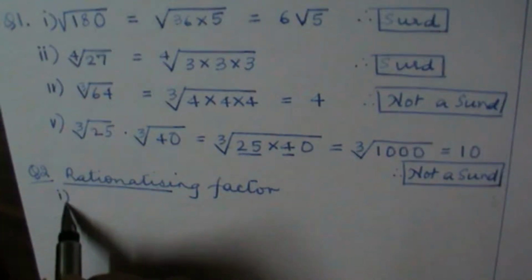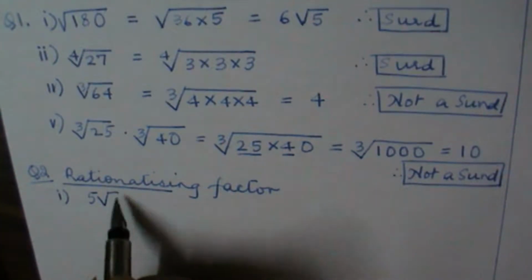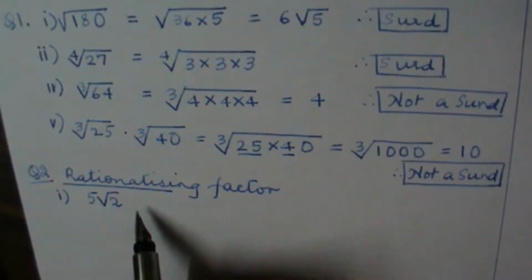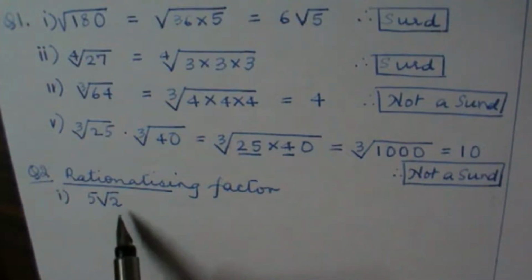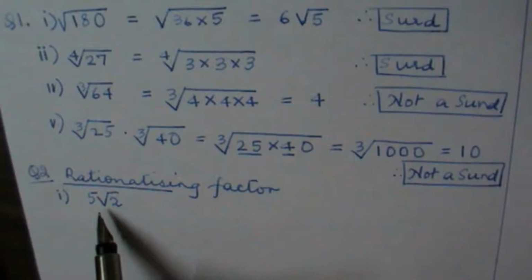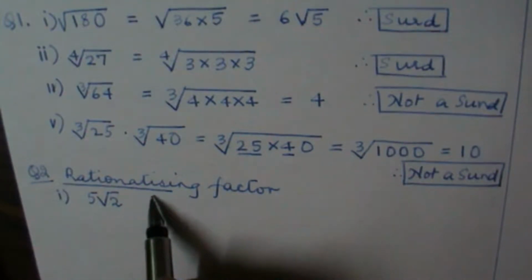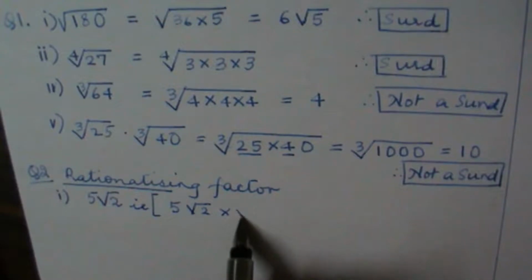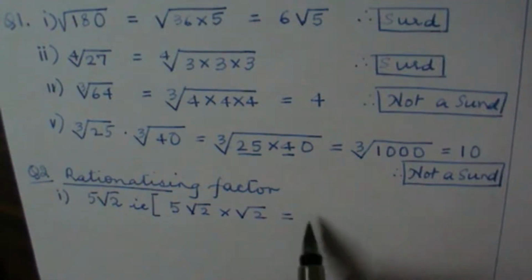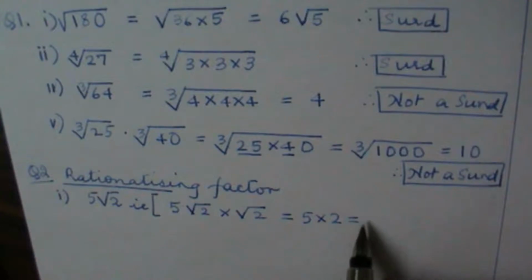So in that, the first one is 5 root 2. Now, if I take 5 root 2, I can see 5 is a rational number, so I'm safe. Root 2 is an irrational number, and so root 2 will be multiplied by another root 2. And so in my thinking step, I will say 5 root 2 multiplied by root 2, and that will give me 5 into 2, which is 10, which is a rational number.